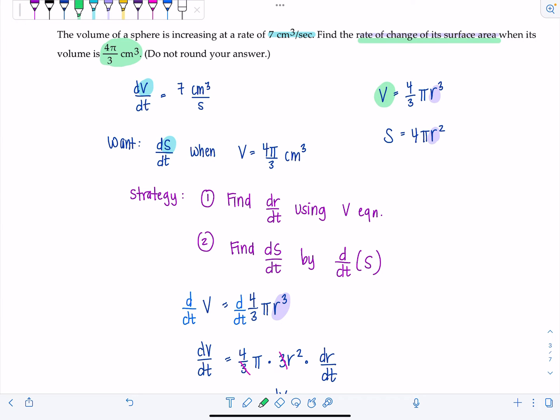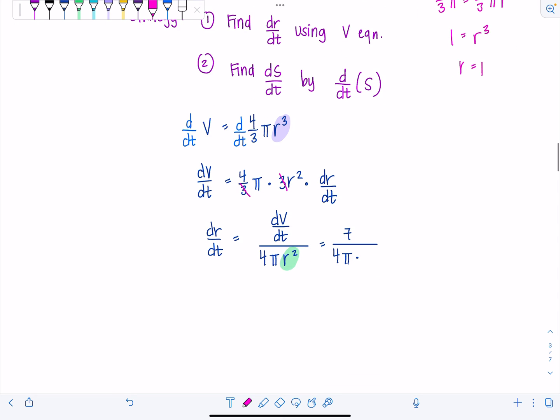If they told me the volume is 4/3 pi, that means this 4/3 pi is equal to 4/3 pi times the radius cubed. Well, then I can see that means 1 is equal to the radius cubed, so the radius must be 1 as well at this moment in time when they want the rate of change for the surface area. So I'm going to replace that with a 1 squared.